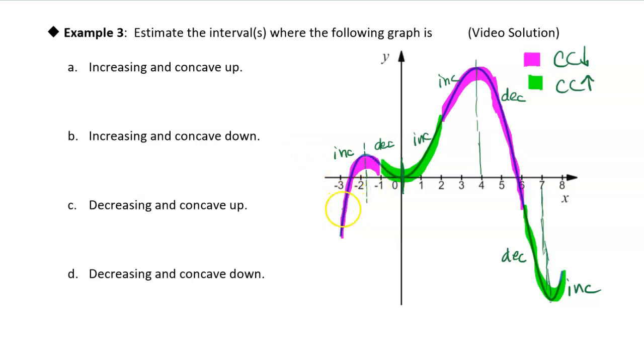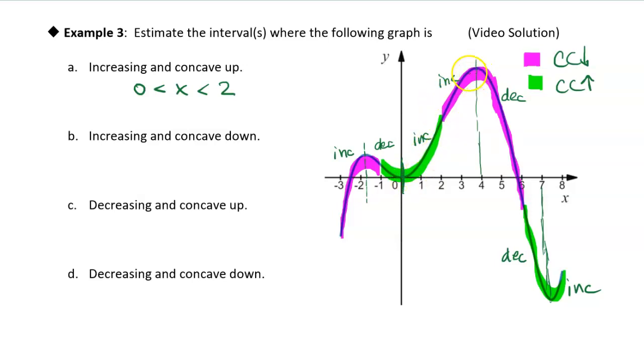So let's look at those places where it's increasing. Here it's increasing and it's concave down, so we won't worry about that. Here it's decreasing, here it's increasing, and it's green, so it's concave up. So the interval from about 0 to about 2 is increasing and concave up.